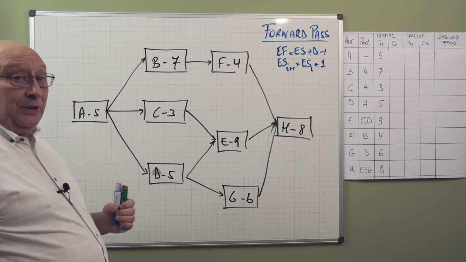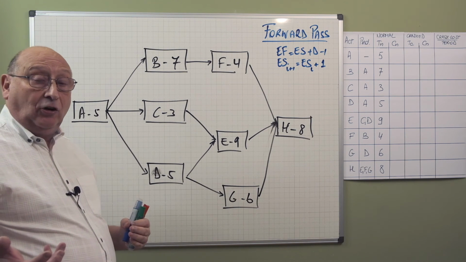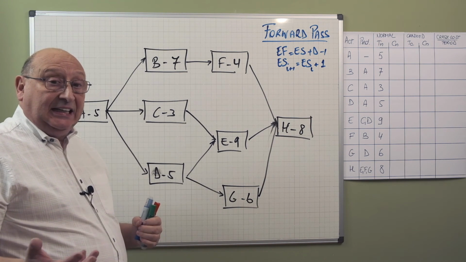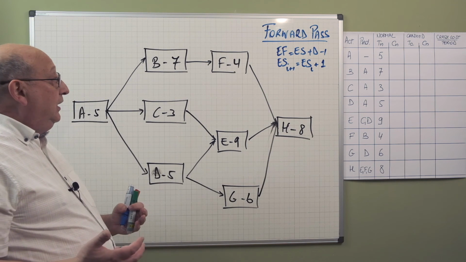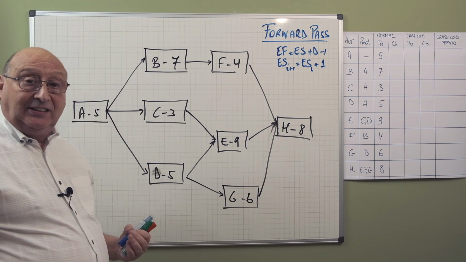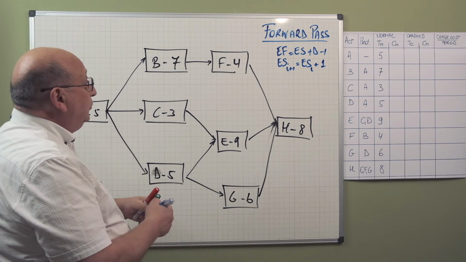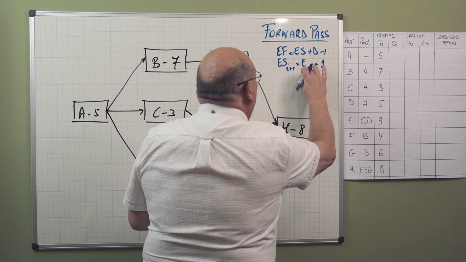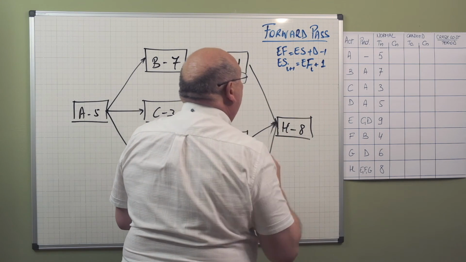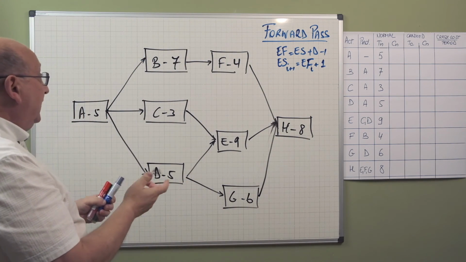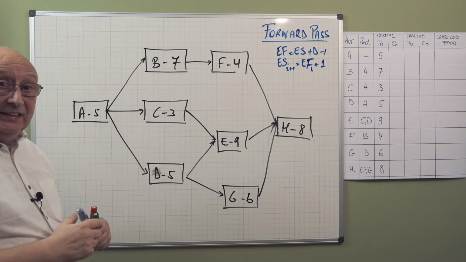The second thing that we have to know is that the start date of the successor is the early finish of the previous activity plus 1. So I have to put here early finish, not early start. So basically when we start calculating, we start from 1 in this method.